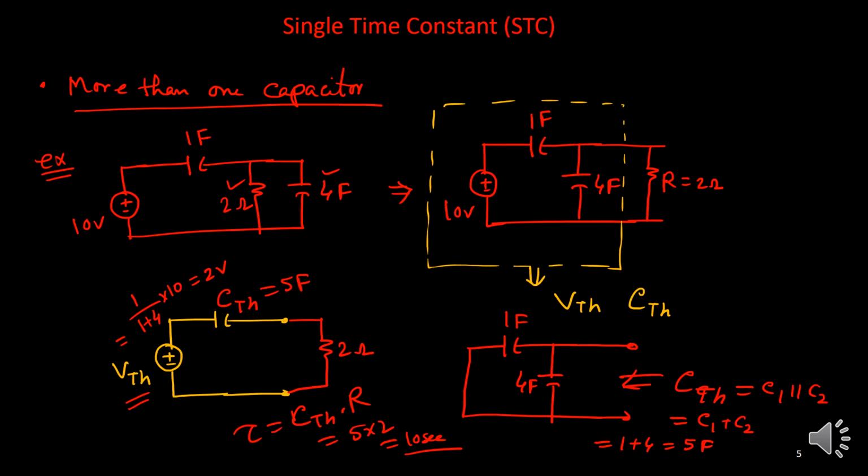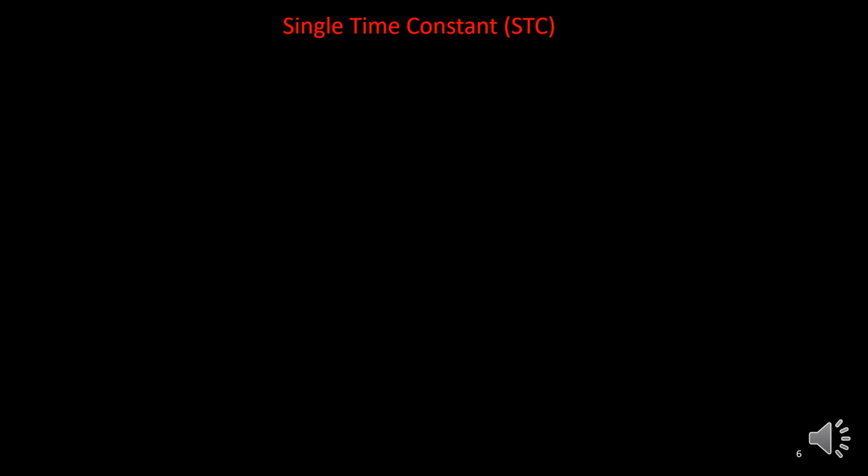So one resistance like this. If you have one capacitor and many resistances, then obviously it is one time constant, a single time constant.